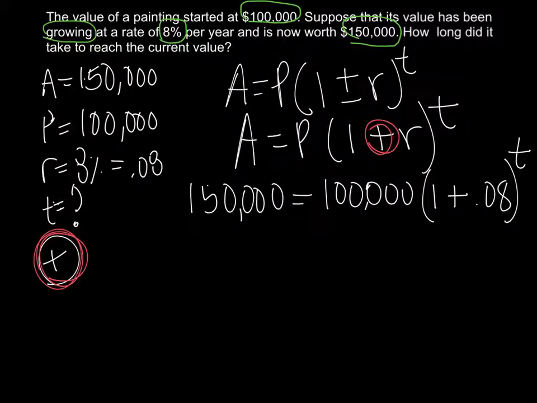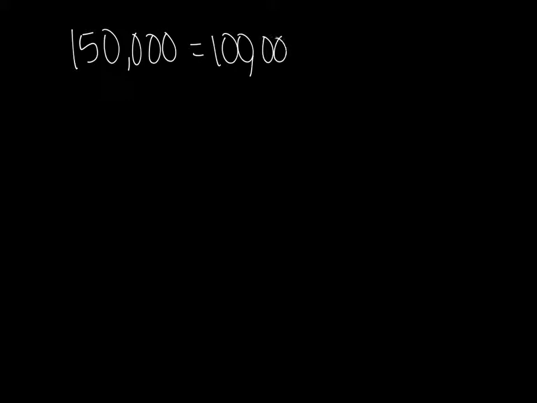I'm going to do that on a separate page. Add a page. So it was 150,000 equals 100,000 times 1 plus the rate, which was 0.08, raised to the T power. You're trying to solve for the T. So you want to get rid of some of the things on this side.